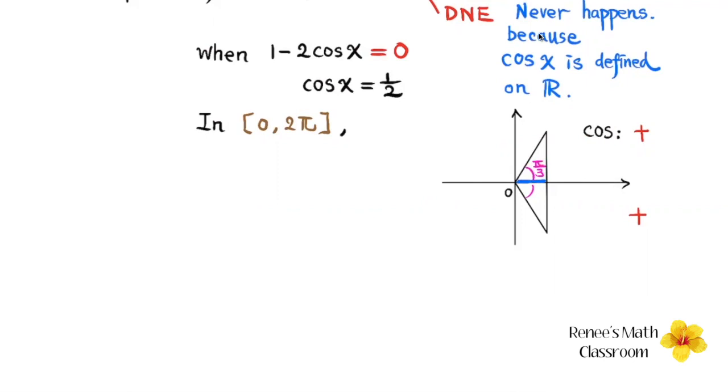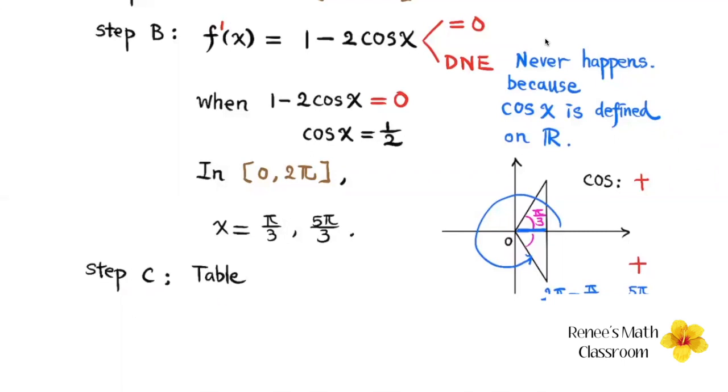Another angle will be this angle that ended over here, which is going to be 2 pi minus pi over 3. That's equal to 5 pi over 3. So these two numbers are the critical numbers because they are in the domain of the function and they make the first derivative equal to 0.